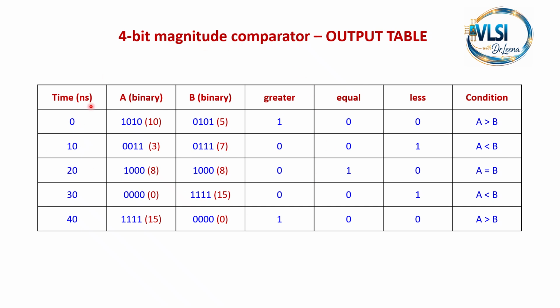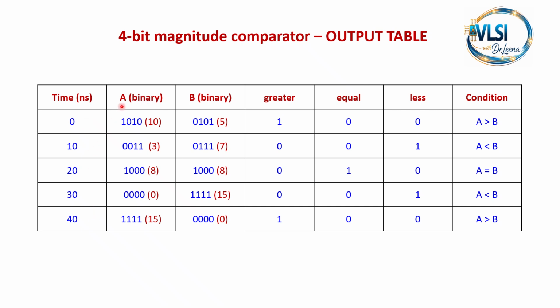Yeah, students, look at this. This is the output table of our RTL code and test bench. First, the times which we have framed, that is after 10 time units, is given here.